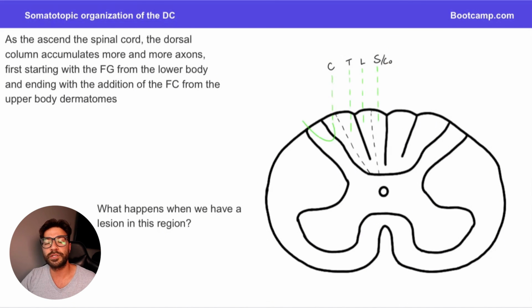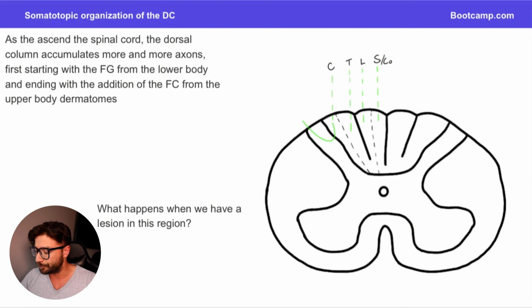Now, there's something interesting that we need to consider when we're looking at the dorsal column. It has a specific somatotopic organization, and we briefly touched upon this in the sense that the fasciculus gracilis carries information from the lower limb, and the fasciculus cuneatus will carry information from the upper limb. But it's actually a little bit more structured than that.